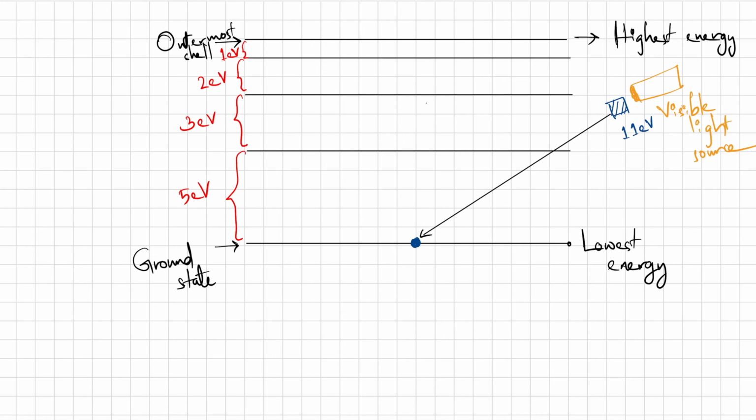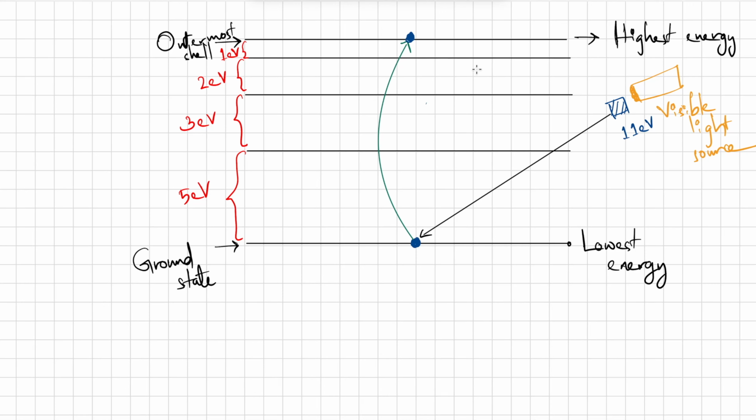So this is 5, this is 3, so 8, 10, 11. So this energy level has an energy of 11 electron volt. So the electron would jump to this energy level here. Okay, let's draw that transition. So the electron jumps to the energy level with energy 11 electron volt. So the electron is here now.